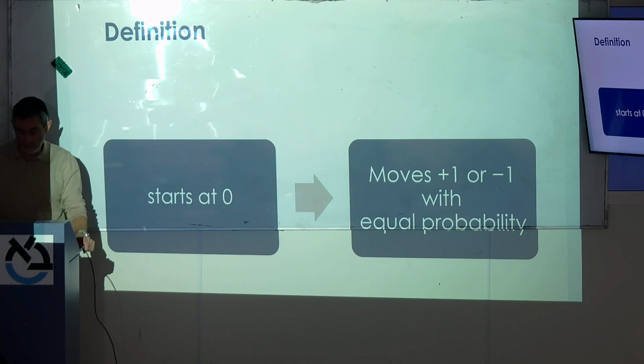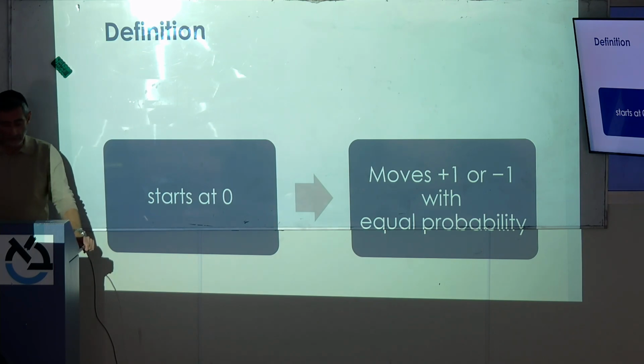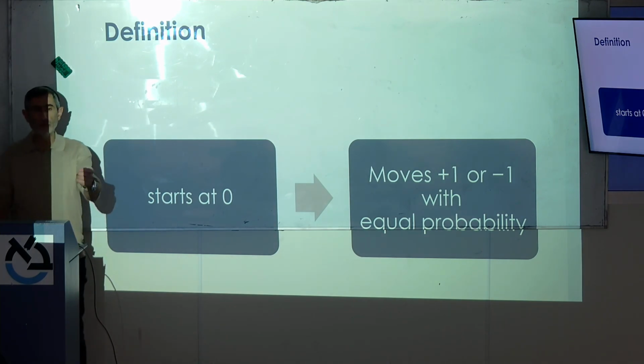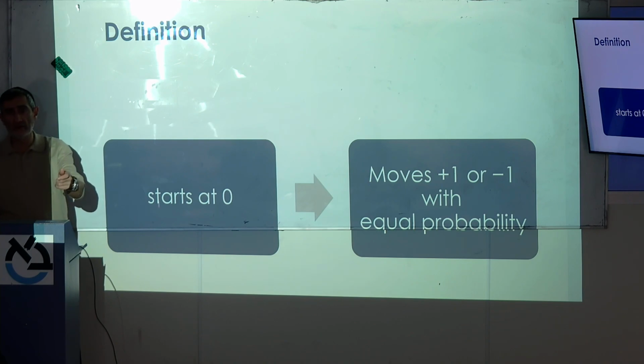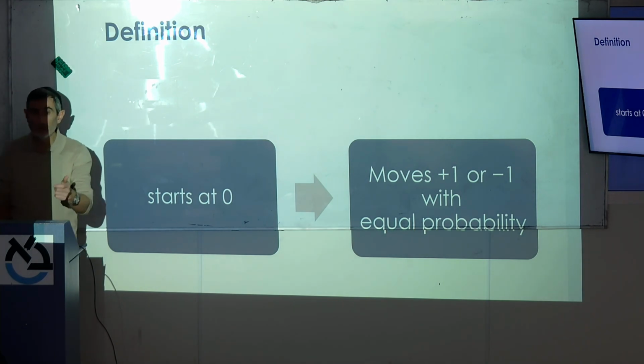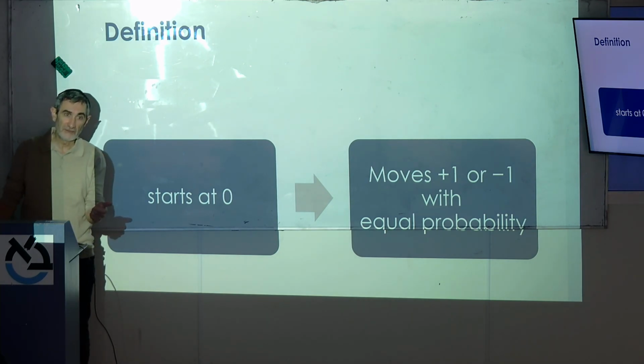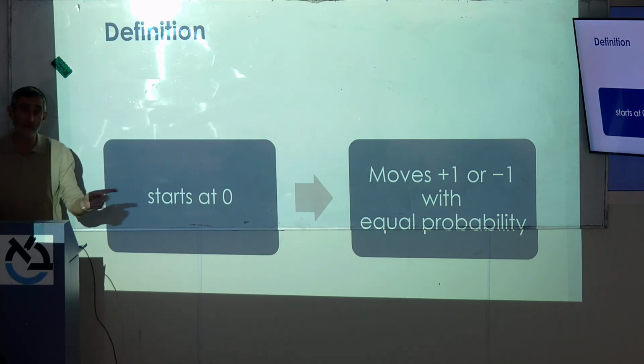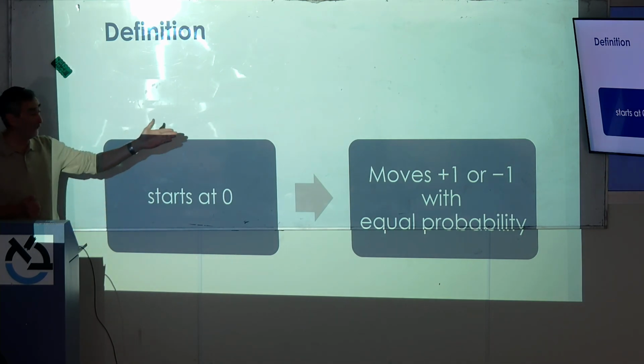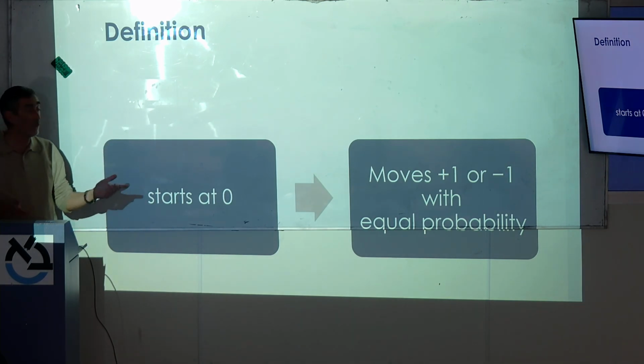So what is the random walk? You take a coin, you toss a coin, and if it's heads you move to the right, and if it's tails you move to the left. So that's the random walk in one dimension. Either move +1 or -1 with equal probability.